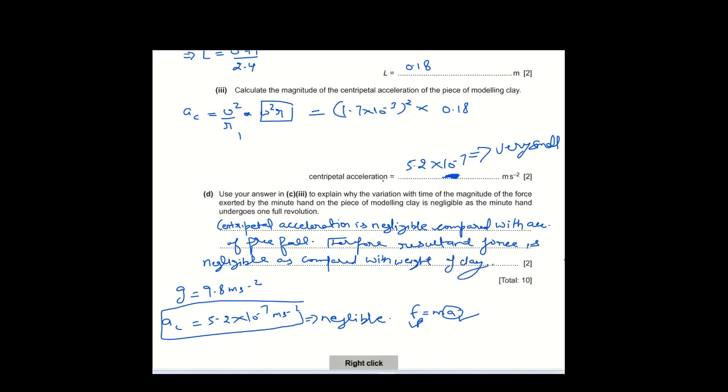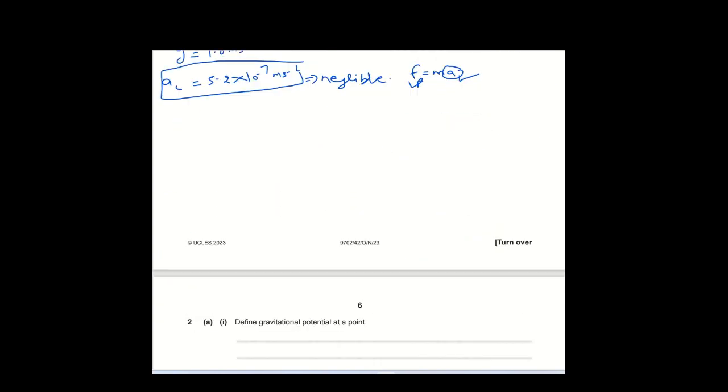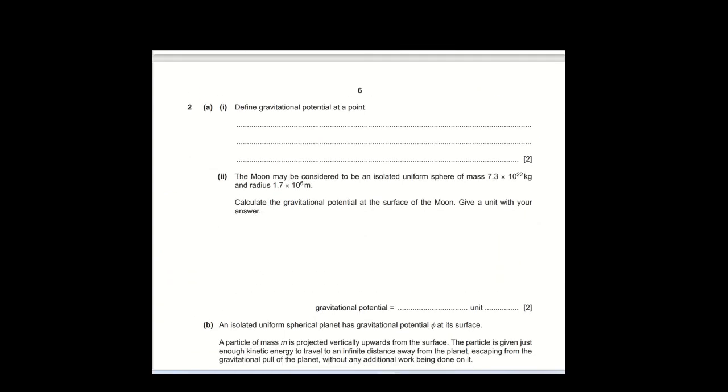So question 1 done. Now let's move on to the second question. The second question is, define gravitational potential at a point. So gravitational potential phi is defined as gravitational potential energy per unit mass, that is U by m. And gravitational potential energy, we know, is the work done in bringing a mass from infinity to that point.